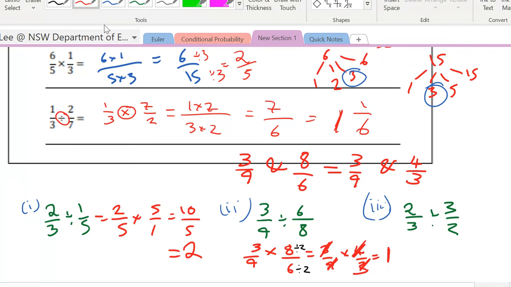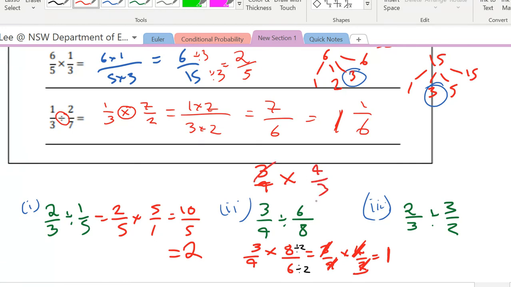So that is just analogous to multiplying 3/4 times 4/3. That goes, that goes, that goes, that goes, just to give 1.